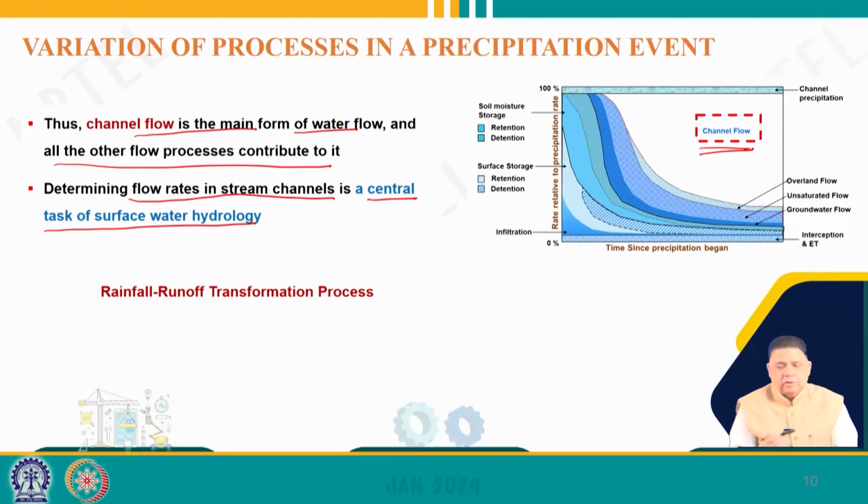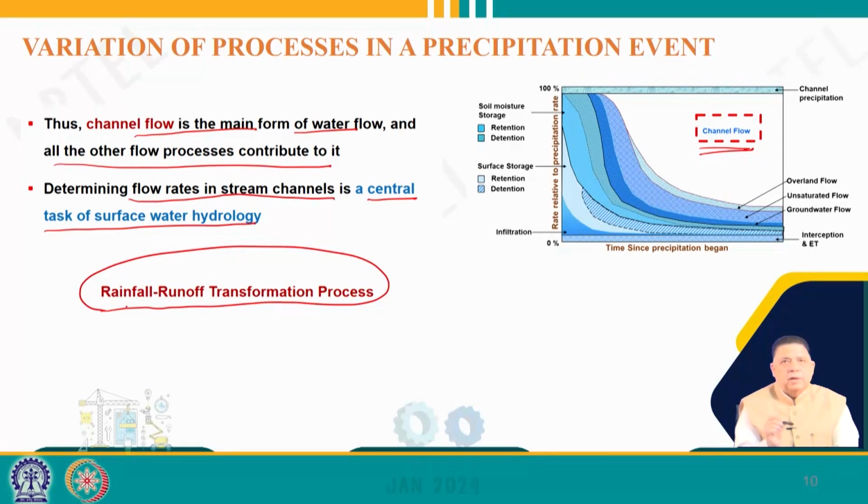That is the central focus of study. In other terms, we can also say that the central task of surface water hydrology is studying the rainfall runoff transformation process. That means how rainfall gets converted or transformed into runoff, which of course we measure in the form of channel flow, and that is the central task of hydrology.